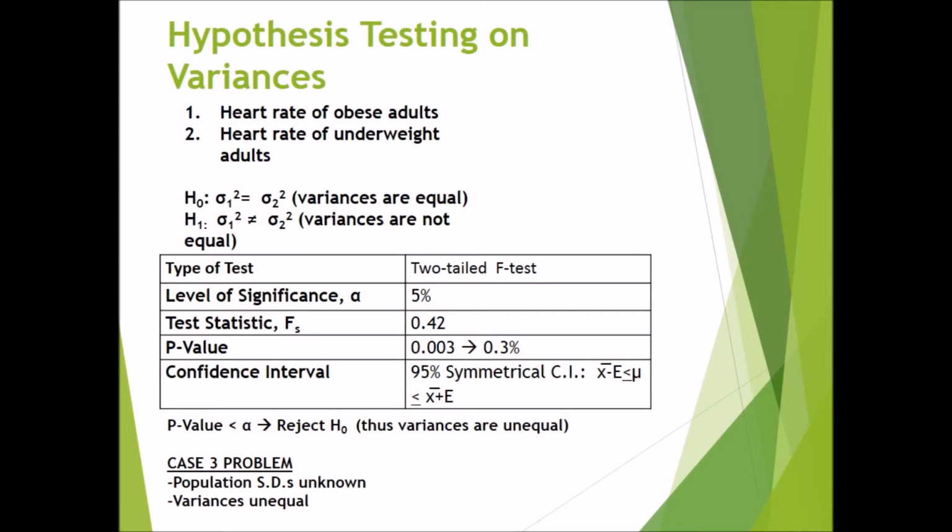By using Minitab as well as the F-test method, we have found out that the test statistic is 0.42 and the p-value is 0.003. By comparing the p-value and alpha, since the p-value is lesser than alpha, we reject H0. Therefore, the variances are not equal.